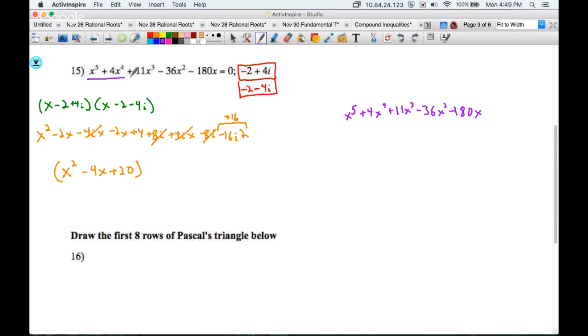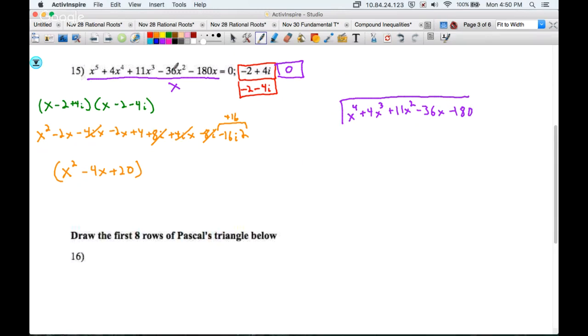We're not really dividing everything by x, but we're taking an x out, and that's going to give us another root at 0 because one of our factors is just x. And then I can reduce everything here by 1 degree. Didn't even notice that. And life's a little bit easier. So this is x to the 4th, 4x to the 3rd, x squared, minus 36x minus 180.